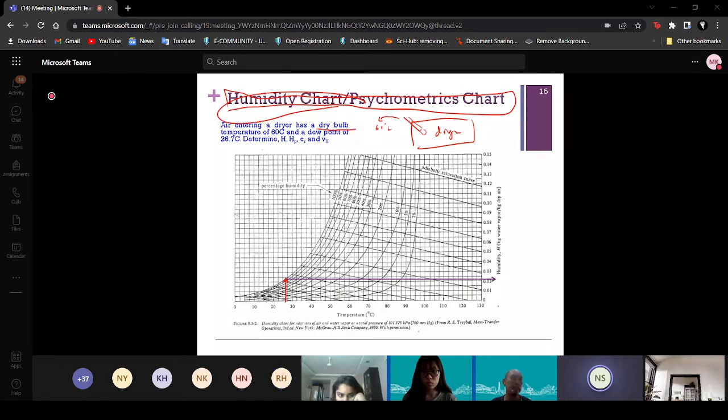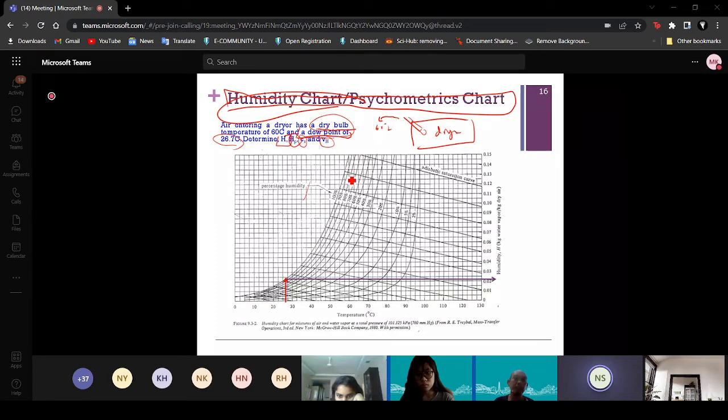Normally people will just say the temperature of that room is 30. So you can also say the dry bulb temperature of that room is 30. It's the same. So when you come across dry bulb, then you know that dry bulb is basically the actual temperature of that room. And a dew point, here they already give you a dew point, is 26.7. So here we need to determine the humidity, HP, CS, the humid heat, and VH, the humid volume.